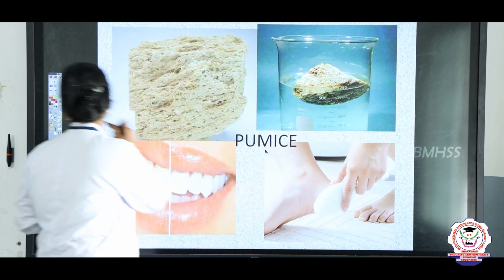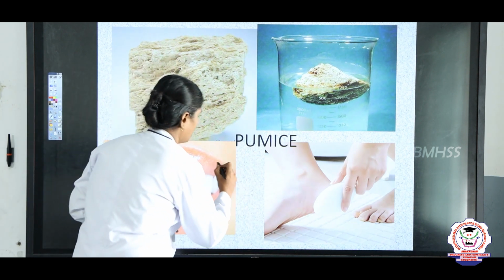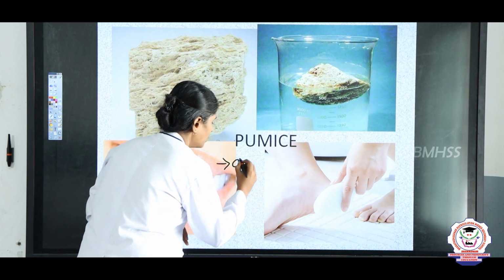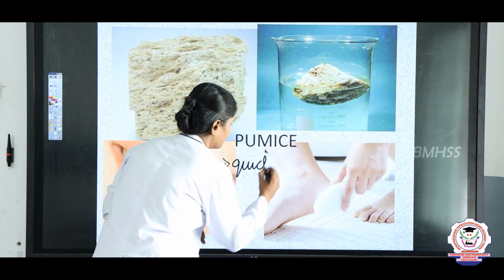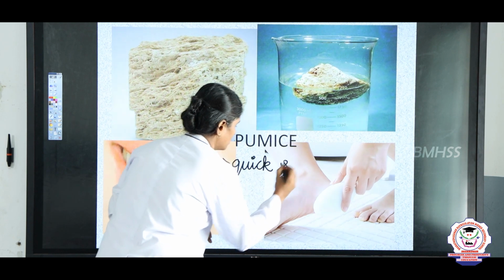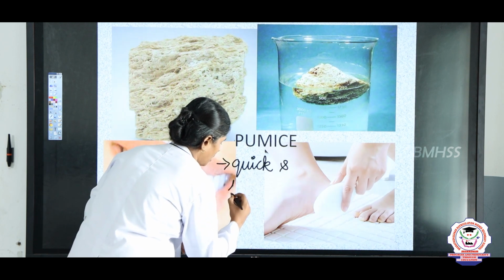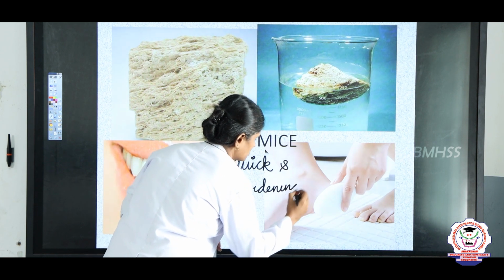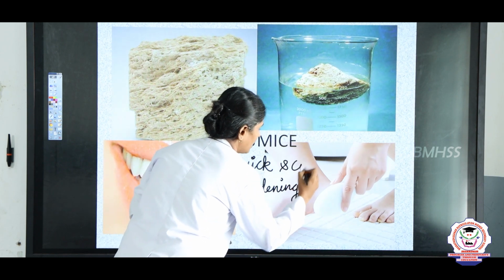So pumice is formed, P-U-M-I-C-E, pumice is formed by the quick cooling and hardening.